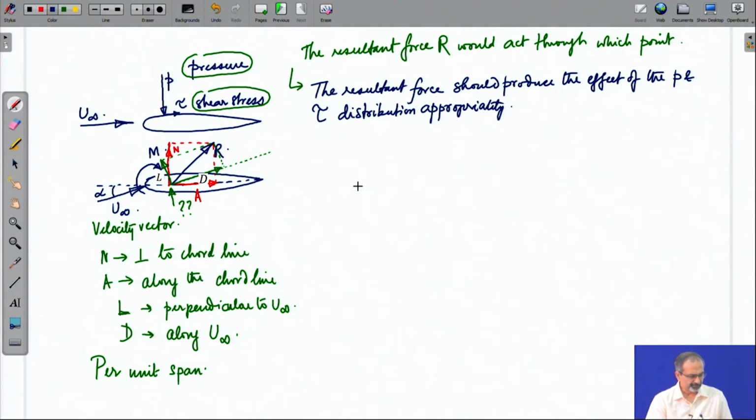Now, we have already talked about the fact that there is a moment acting on the airfoil as well. So, can I have this force R located at a particular point so that it gives me the moment about the leading edge appropriately?